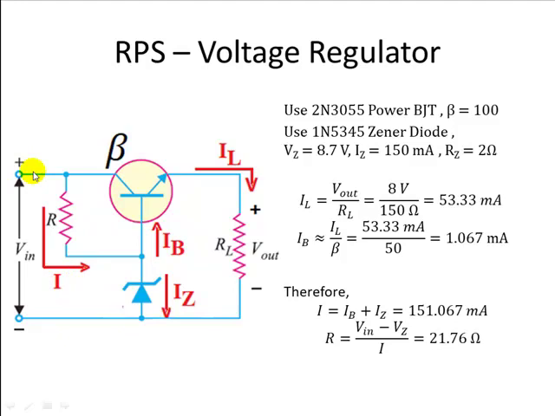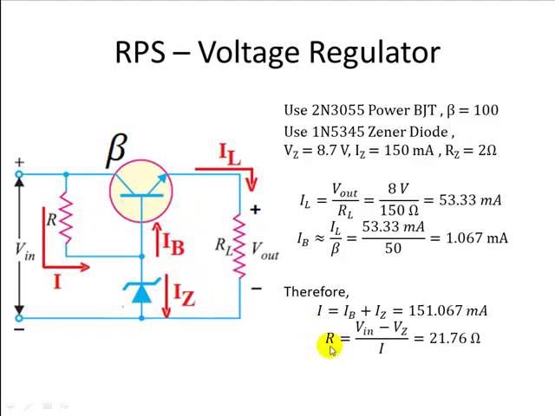I know the input voltage VI for the voltage regulator, that is 12 volt that I have assumed, and the voltage across the reverse biased Zener diode, that is VZ, 8.7 volt.